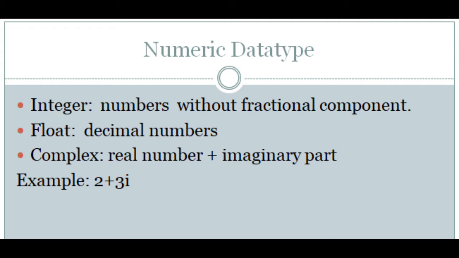They are usually written as a plus bi, where a and b are real numbers and i is the imaginary part. For instance, 2 plus 3i is a complex number. For the sake of learning, don't worry too much about complex numbers. As a developer, you won't be needing them too much.